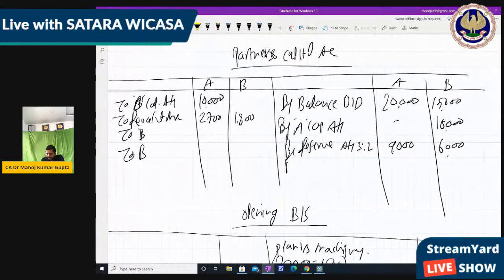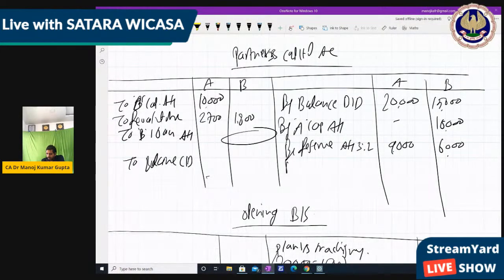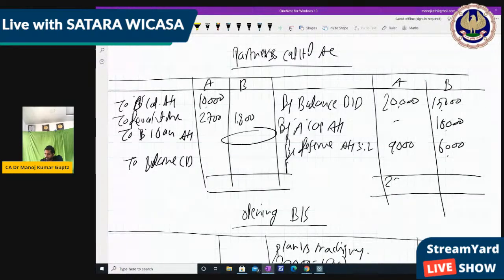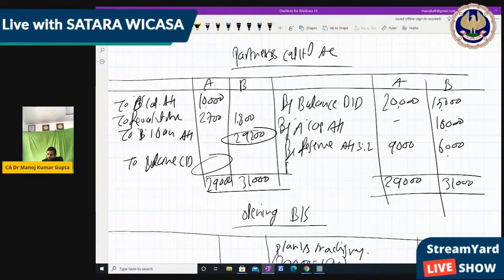So to B's loan account, right? And the remaining is balance, credit. 29,000, this is 25, 31,000. 31,000 less 1,800, 29,200, and 29,000 minus 10,000 minus 2,700, 12,700, 16,300, right?